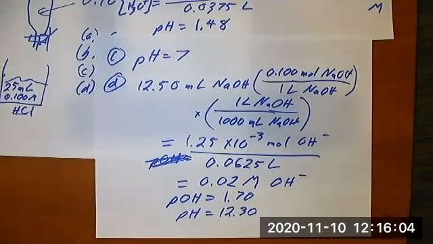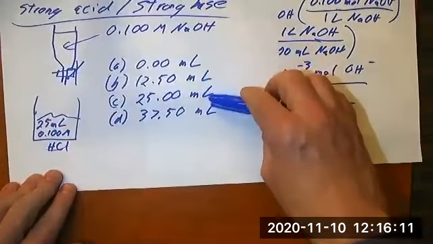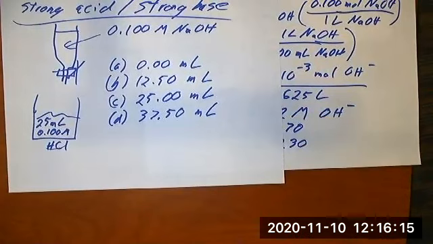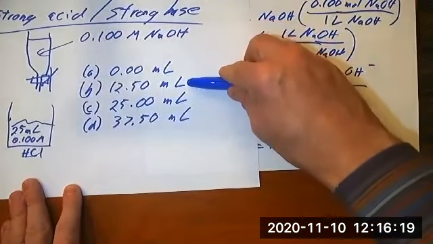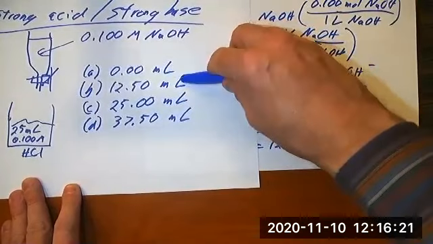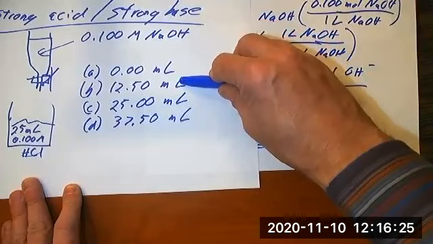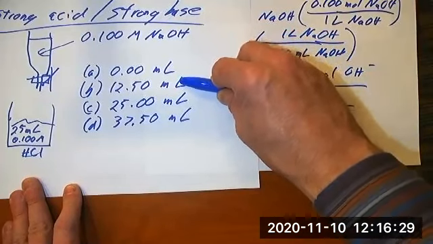Okay, so let's put this into context. There's nothing particularly magical about these particular 4 values that I picked here. I picked them because they are in different regimes. In the first case, we're looking at a still acidic solution, so what we are doing is figuring out how much of the acid has been reacted away and looking at the leftover.